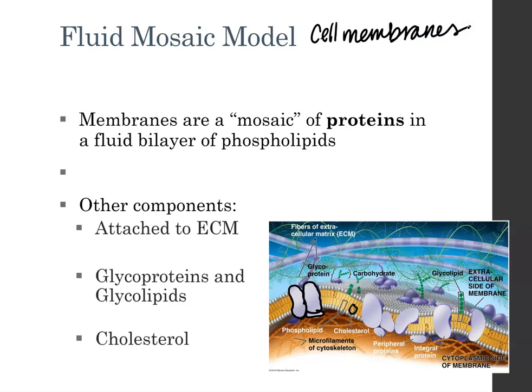We call it this because membranes are, in air quotes, mosaic, meaning a collection of pieces or parts, of proteins in a fluid bilayer of phospholipids. So we have that bilayer made up of our phospholipids, and we have proteins and other molecules that are embedded in that bilayer.